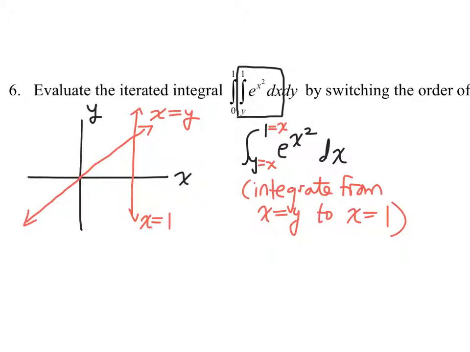All right, so what I want to do is just work from left to right, because we're integrating with respect to x. I want to collect all the area that is starting with the line x equals y and ending with the line x equals 1.